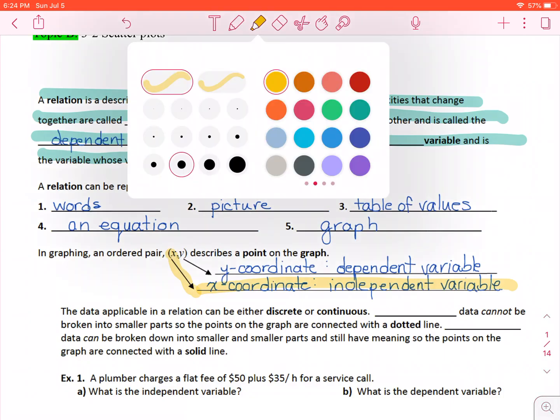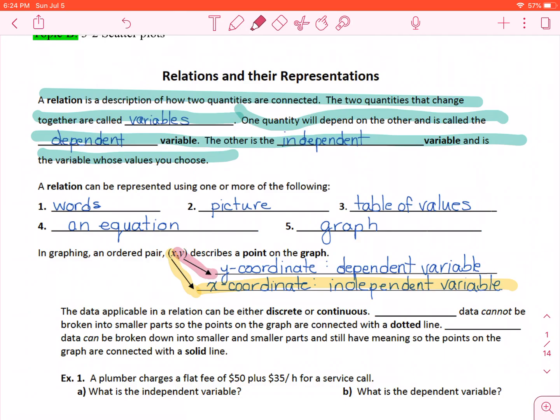Some examples of the y coordinate, which is your dependent variable, could be costs, could be amount paid, could be area, could be the amount of distance traveled in that time that was allotted.